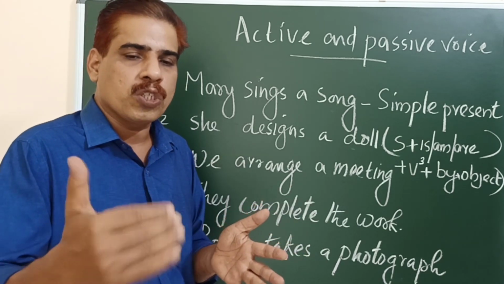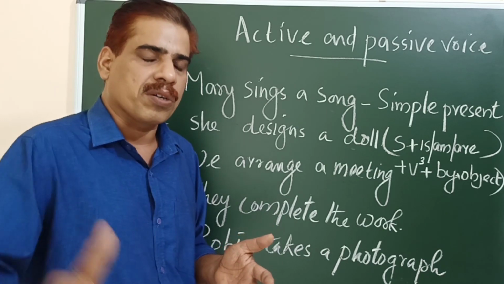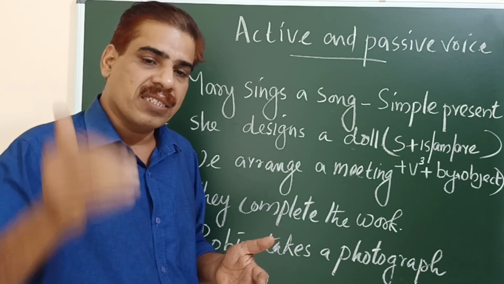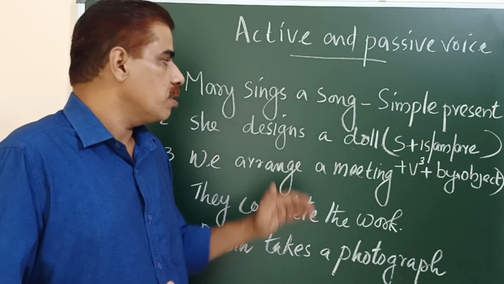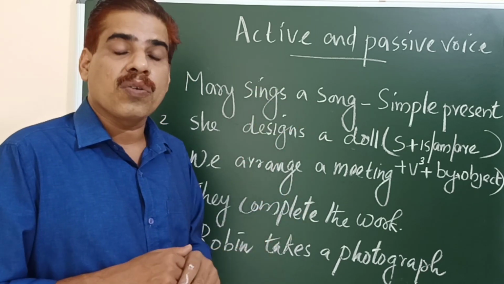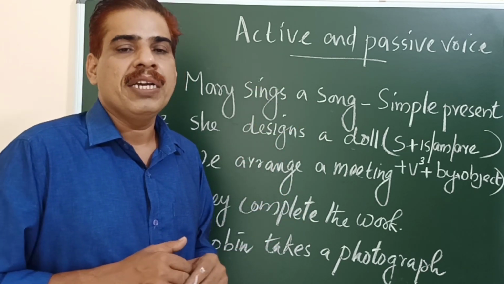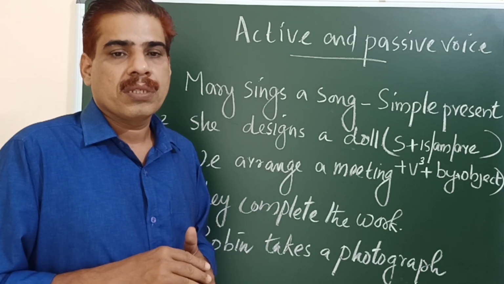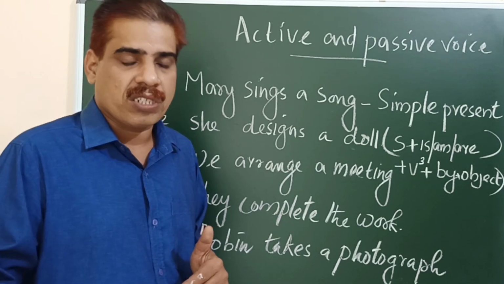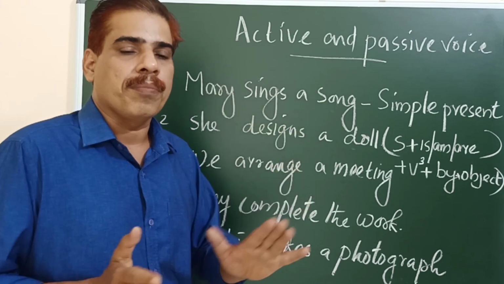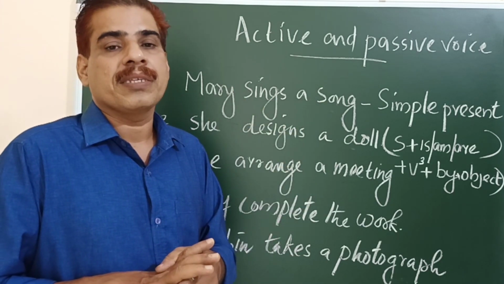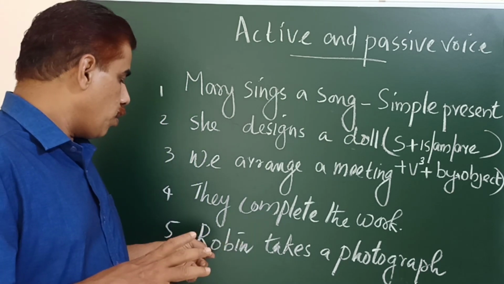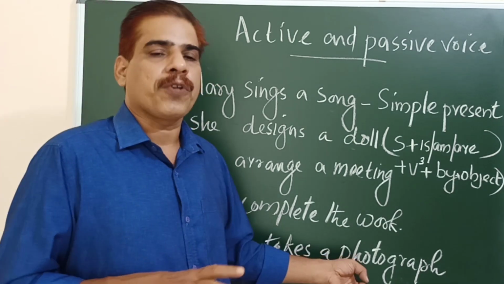You can write looked, looked, looked; walked, walked, walked; danced, danced, danced. But these verbs are irregular verbs. Irregular verbs have different third forms. We can use only the third form, the past participle form.